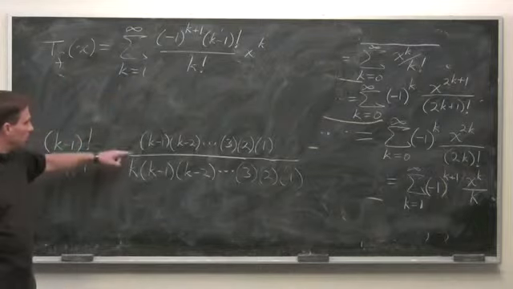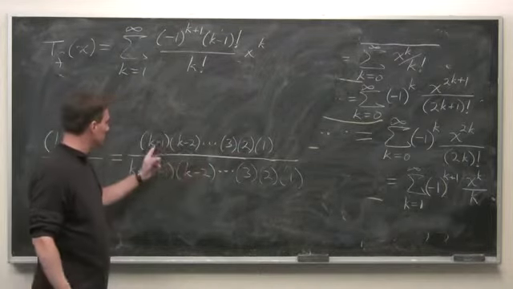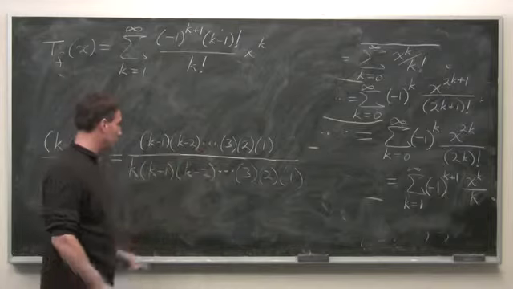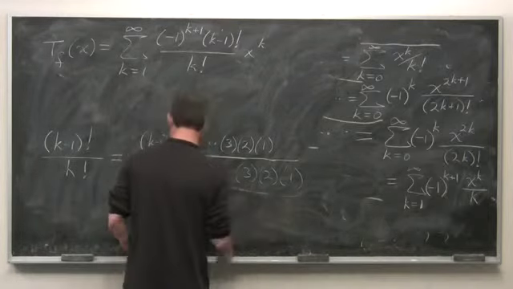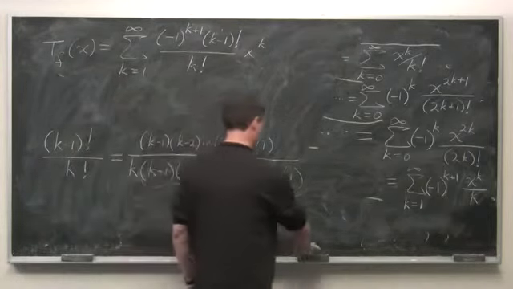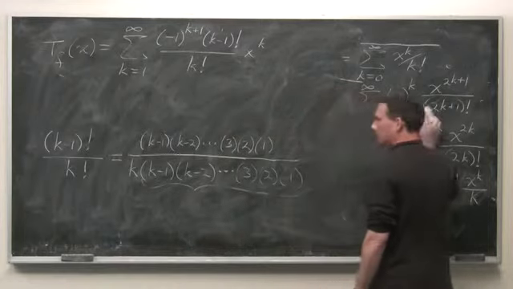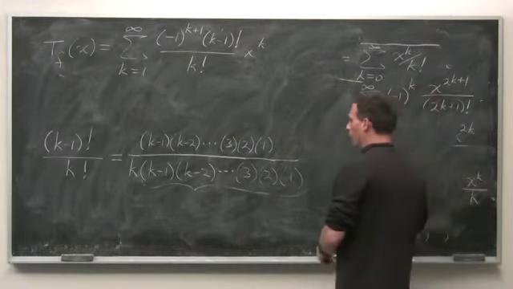Well, but all of this stuff cancels. This (k-1) factorial is exactly what you're seeing right here, and you can cancel that with this, and what you end up with is that this is just 1 over k.